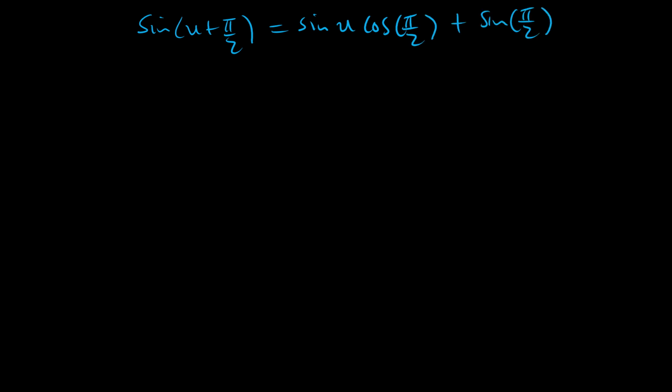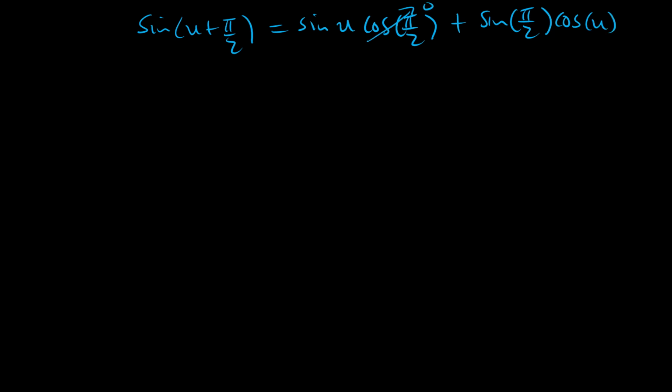So what is sine of u plus pi over 2? It is the same as sine of u cosine of pi over 2 plus sine pi over 2 cosine of u.